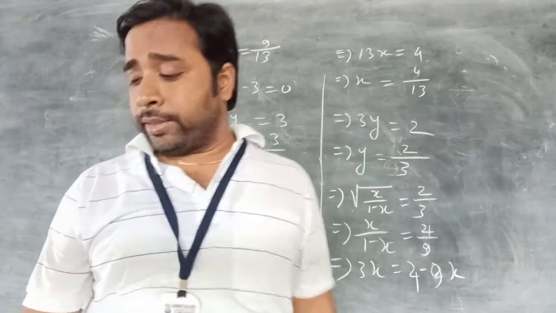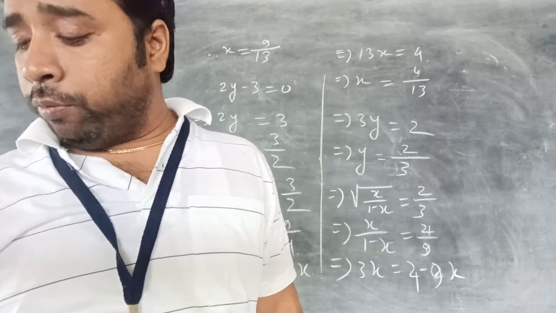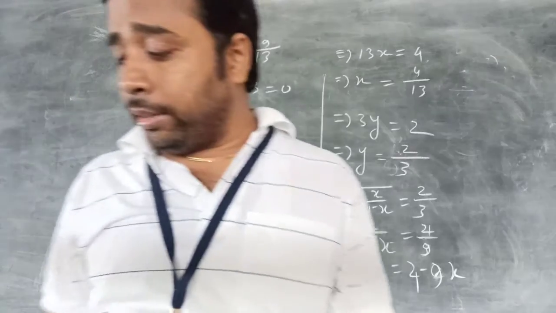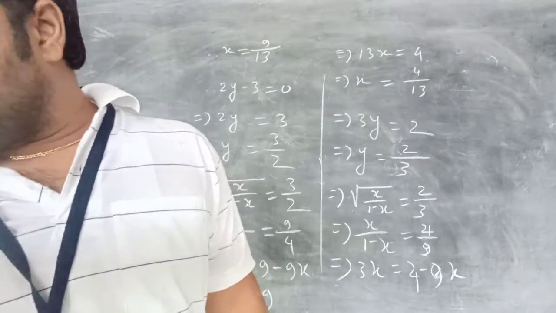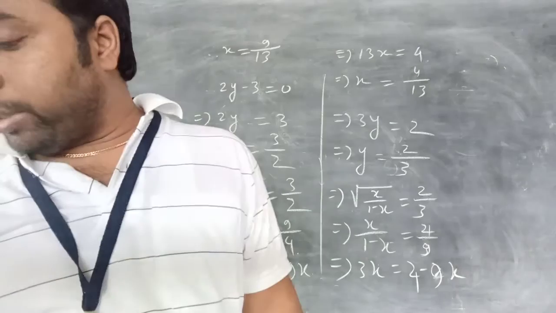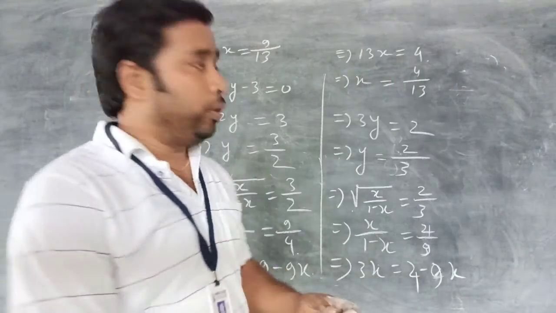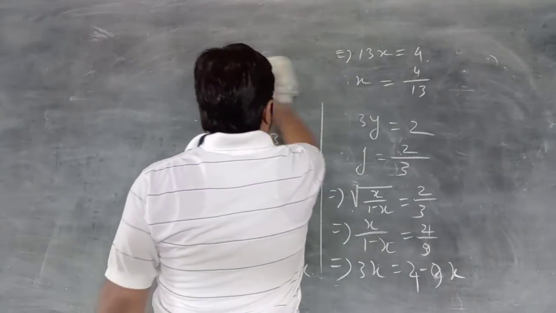Okay, so next I am going for question number 9. Question number 9 and 10 are coming under the same category. The rule is also given to you, so I am telling you the rules once again.